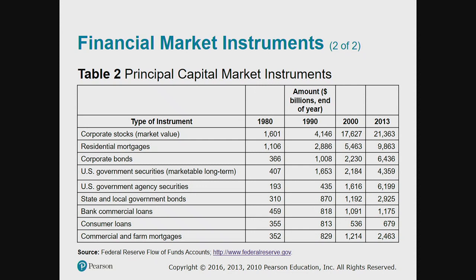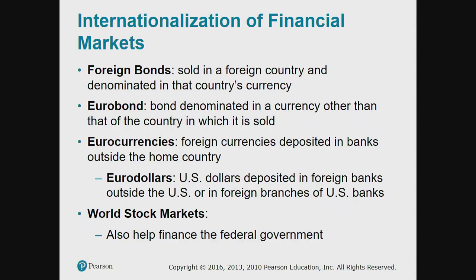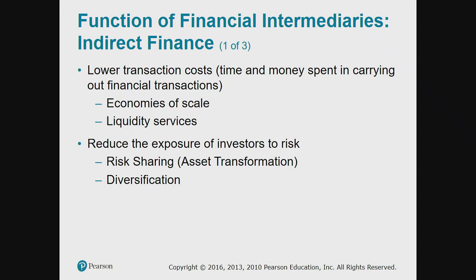If you go to the Federal Reserve website, they have a list of where they get the amounts for all these loans. They'll show you how much of all these instruments are outstanding. We'll skip some of this internationalization because that's not something we're really going to get into in this class.